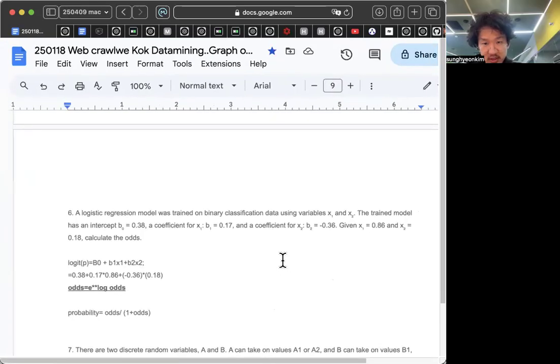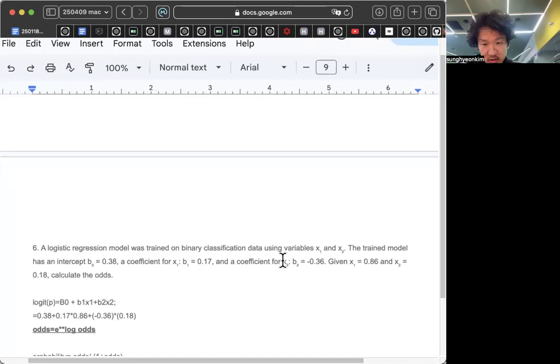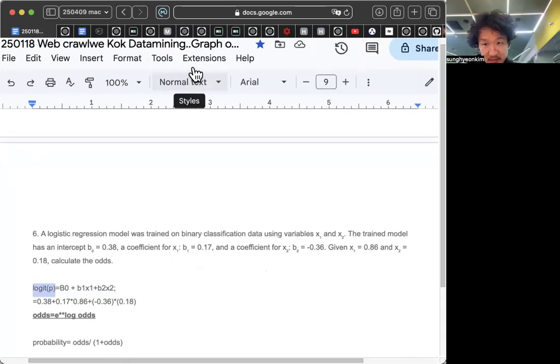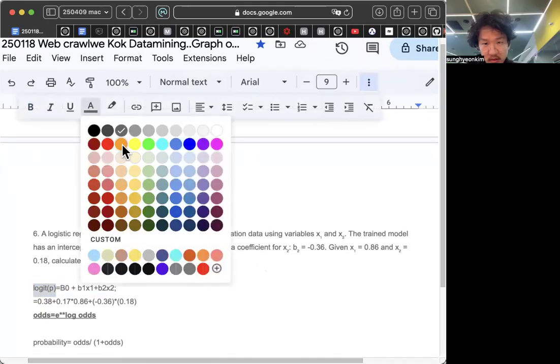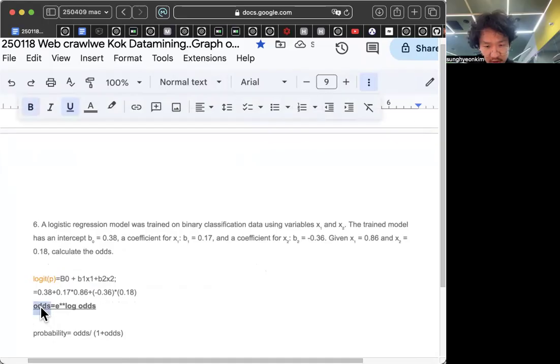The next problem is a logistic regression model trained on binary classification data. You can write down the logit function like this. Then the odds will be e to the log odds, and then you can get the answer.